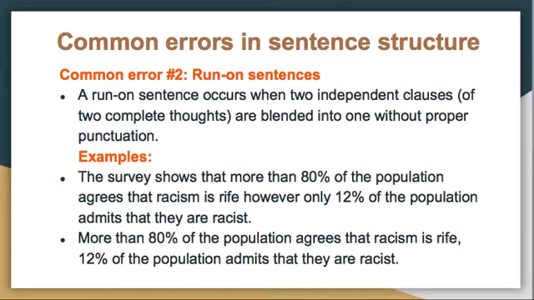The common error number two that students make in their writing is writing run-on sentences. A run-on sentence occurs when two independent clauses, which are clauses that have complete thoughts, are blended together into one without proper punctuation.